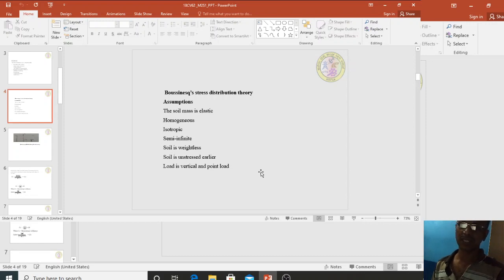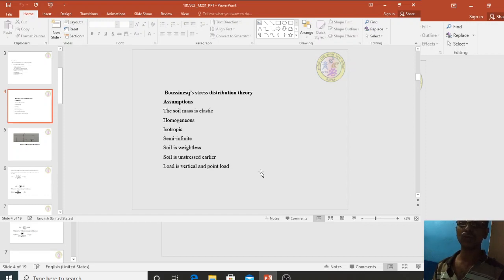Second assumption, that soil mass is homogeneous. Homogeneous means identical properties of the soil in all directions. But in reality, no soil is homogeneous, because soil is a combination of silt, clay, and sand. You won't get a pure clay, you won't get a pure silt, you won't get a pure sand.